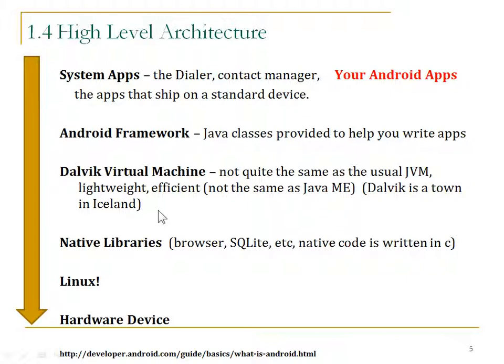It is a Java virtual machine that is fine-tuned for running on these specific kinds of devices. So the user interface capability you would have in a usual Java virtual machine are not there, for example. But most of the Java language is there, and this Dalvik virtual machine behaves very much the way you would expect.